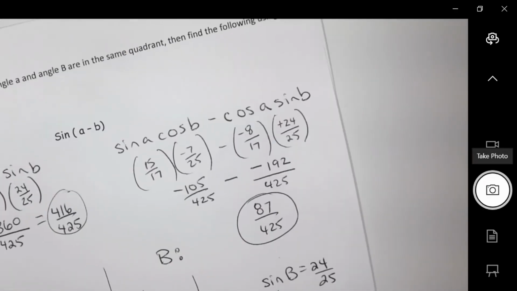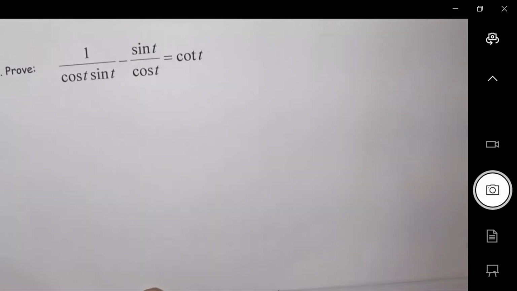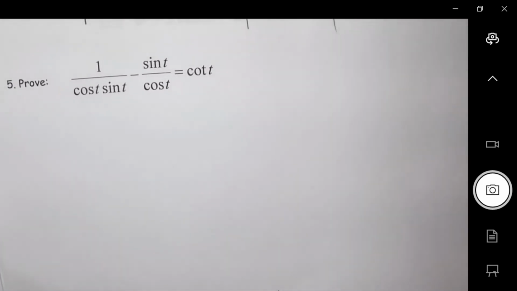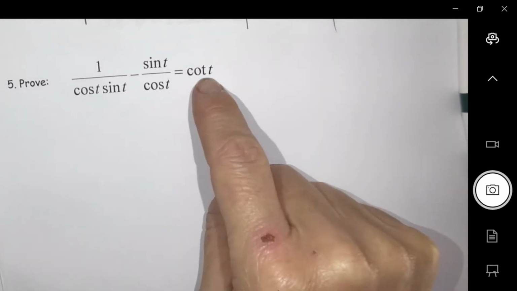All right, trig groups. All right, where to start? So, do you think I want to make any substitutions? Can I substitute anything? I could maybe make a substitution on this side.